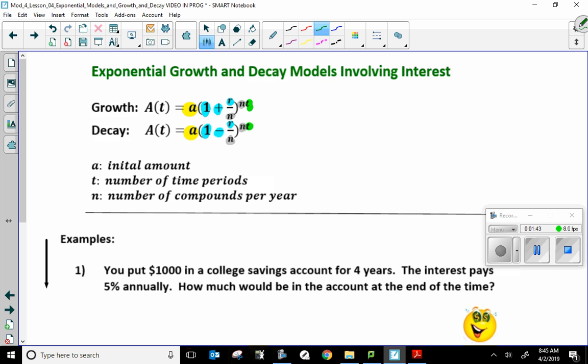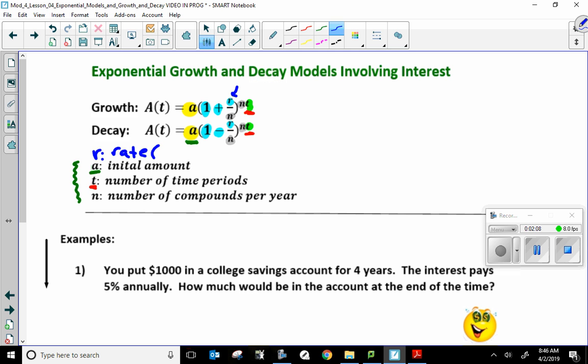If you look a little bit further in the notes, there's a description right here. A is still our initial amount, and T is still our time. They don't have R here, but R is obviously still our rate.